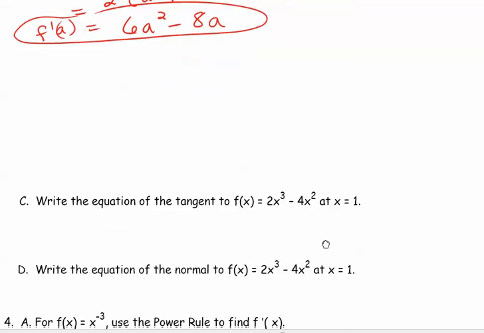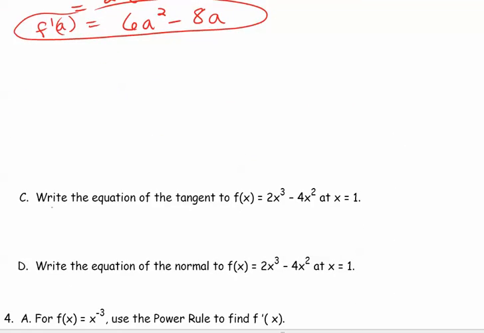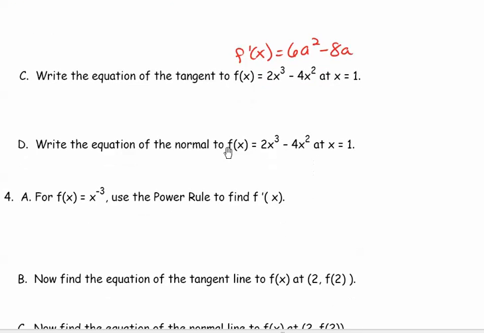All right, so let me rewrite our formula for f prime. Remember that the derivative of a function is a new function, and it tells us the slopes of the tangents at any point. So now we're going to use our derivative. We want to find the equation of the tangent when x is equal to 1.